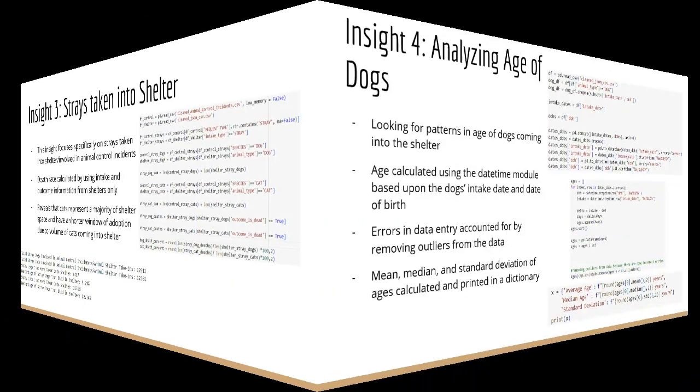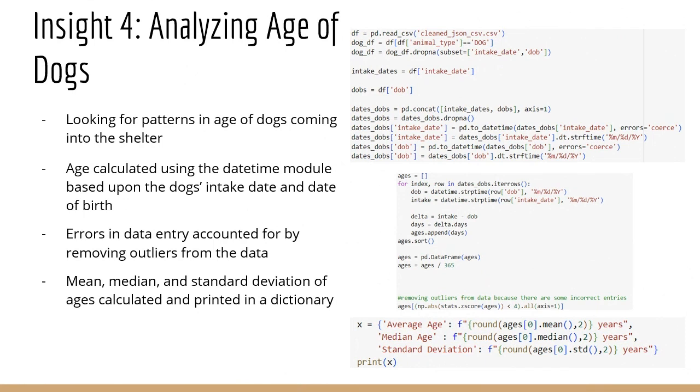To search for trends in the age of dogs coming into shelter from the animal shelter database, we started by calculating the age of each dog checked in with enough relevant information by subtracting the date of birth from the intake date listed on the sheet using the datetime module, and then performing some statistical analysis on this list of numbers.